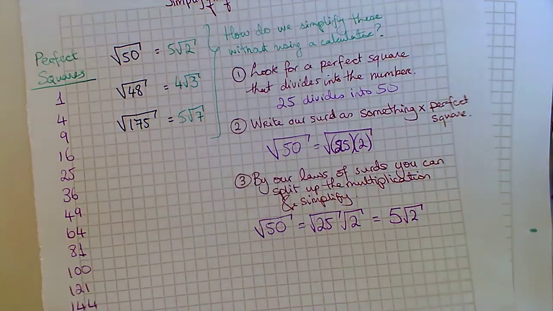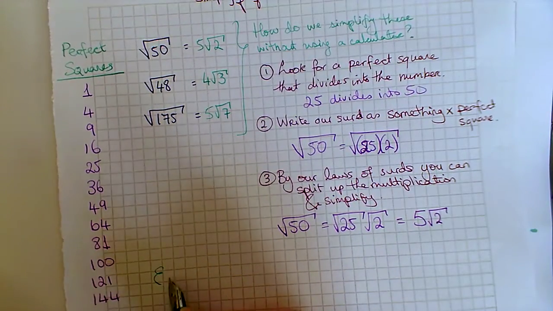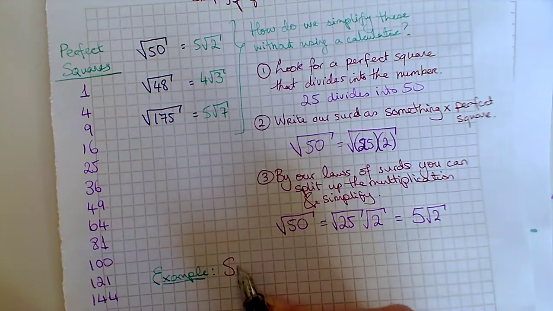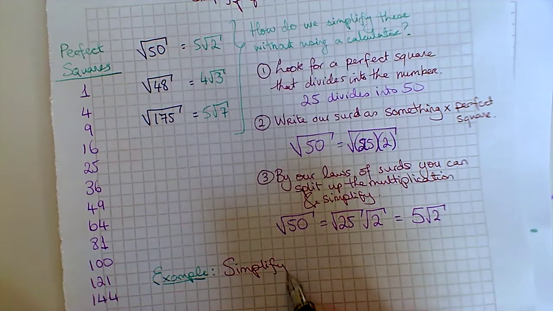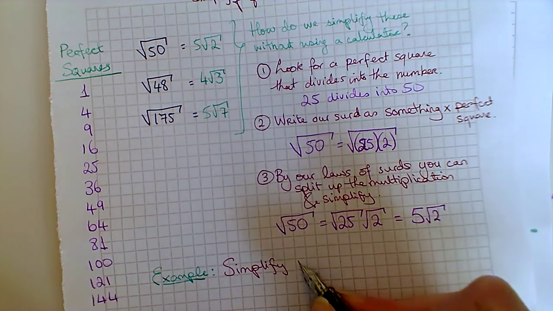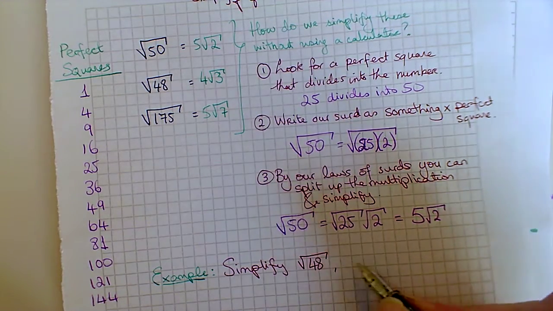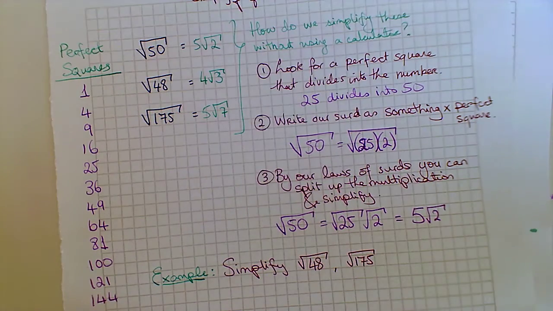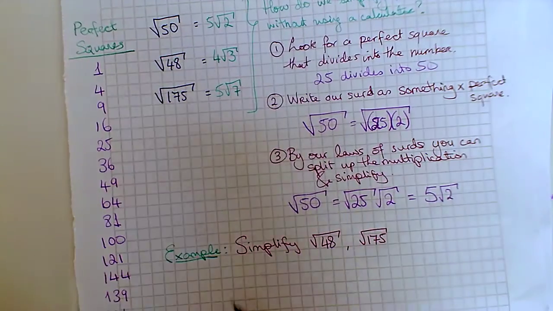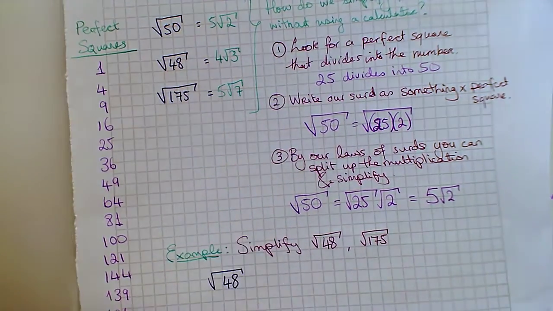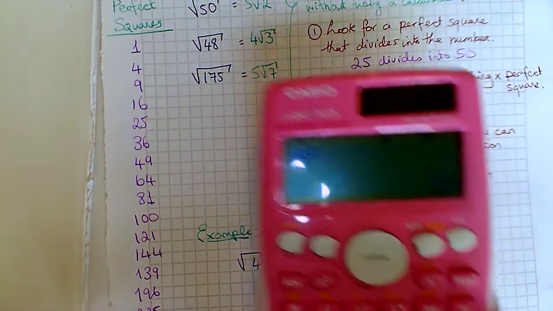So let's do the same thing for the other two. We're going to simplify, without using our calculators, the square root of 48 and the square root of 175. So we're looking for a perfect square that divides into 48.